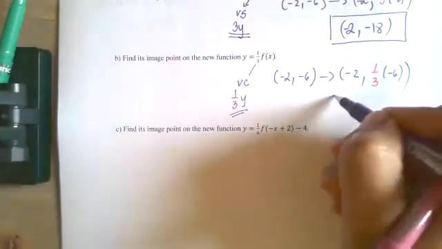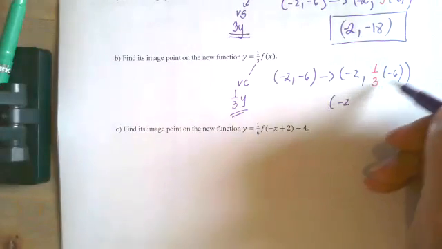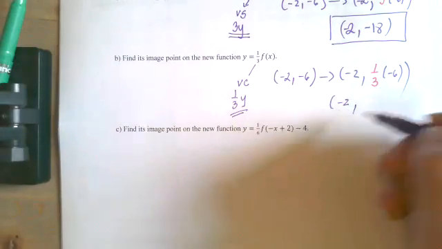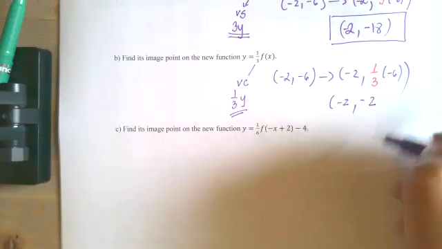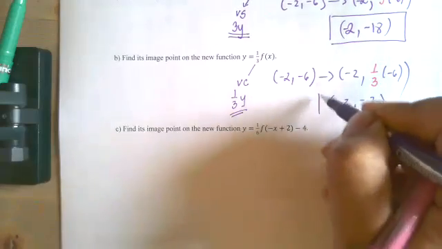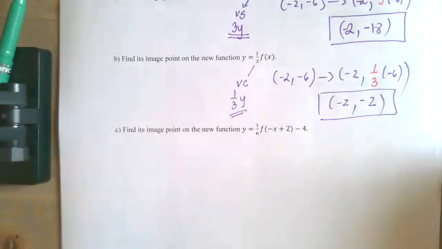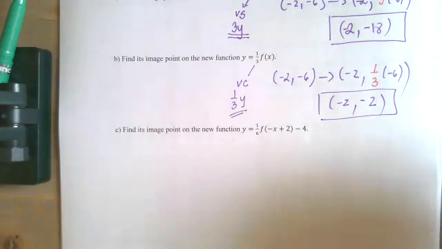And the point is -2, and 6 and 3 can cancel by a factor of 3. We get -2. Any questions for A and B?